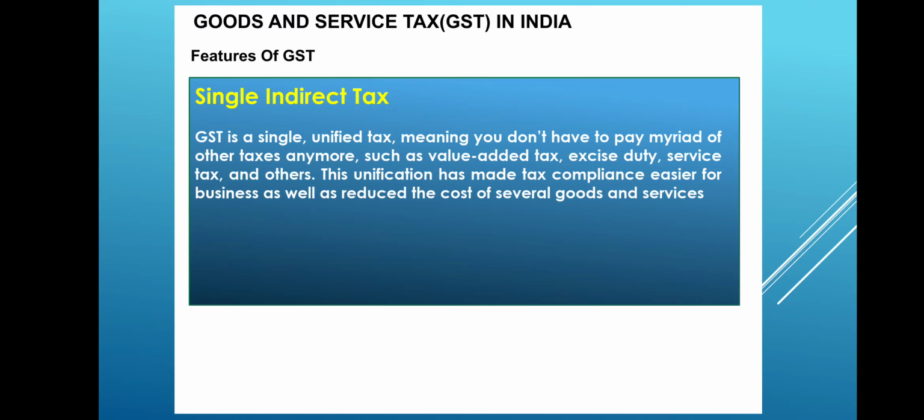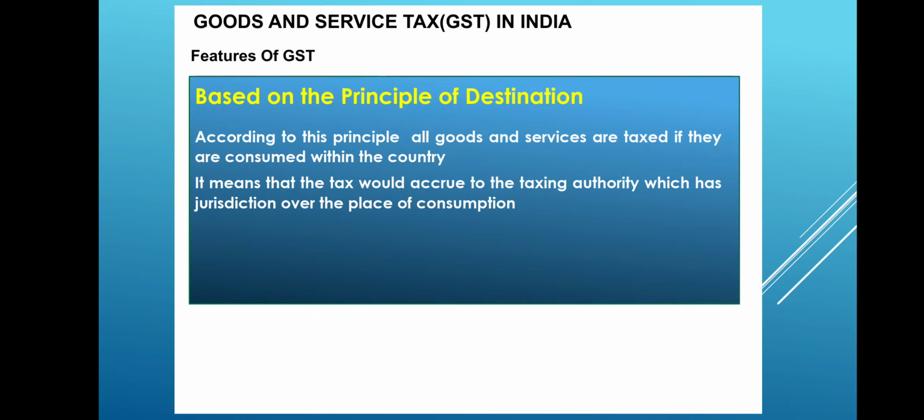And because of this single indirect tax, it has made the tax compliance very easy for the businessman as well as for other cost of goods and services as well. Now, the next feature is based on the principle of destination. Based on the principle of destination means this tax is levied only if they are consumed within the country.